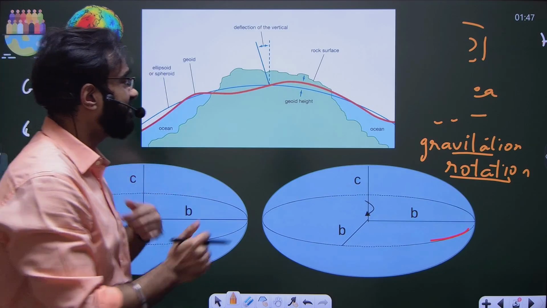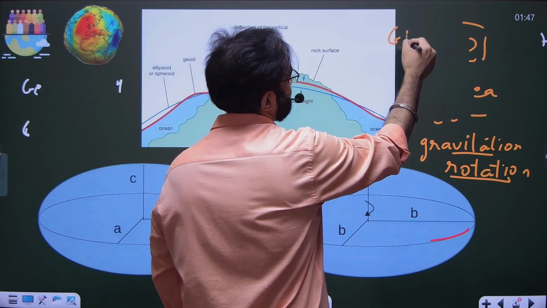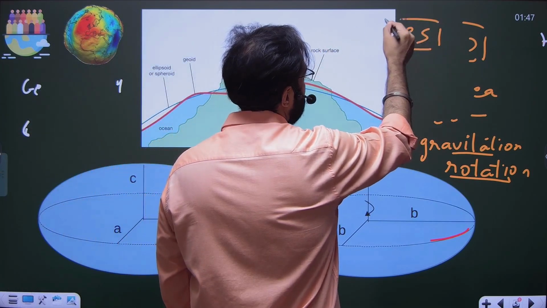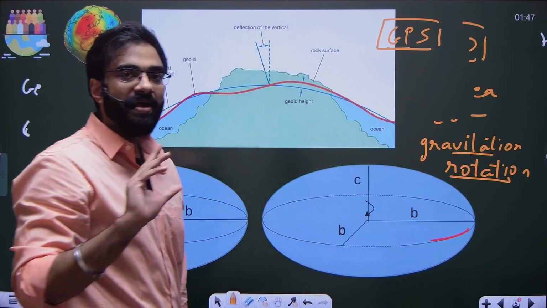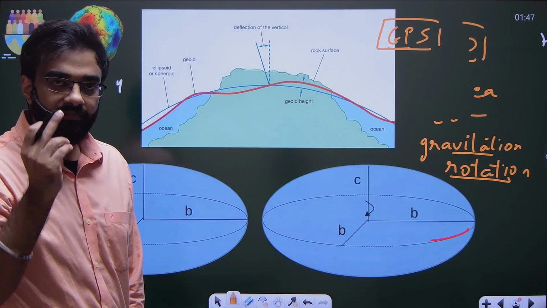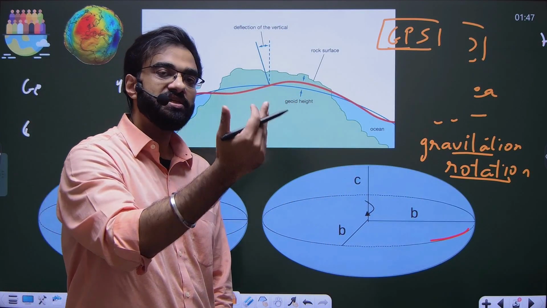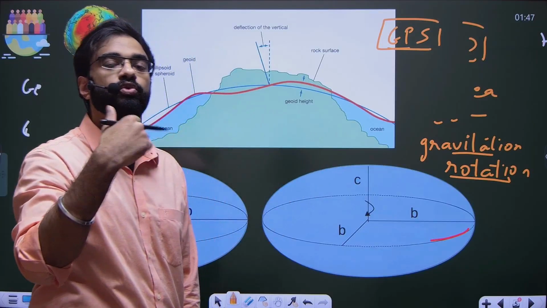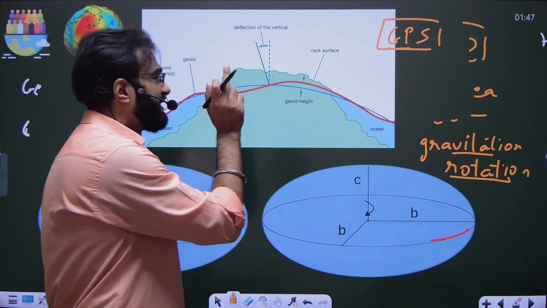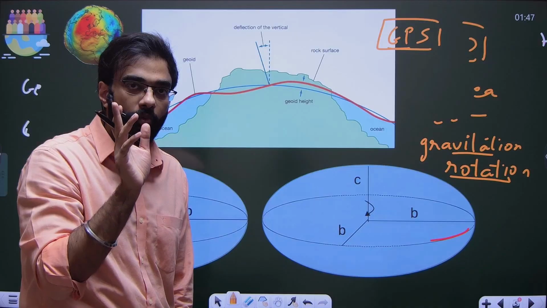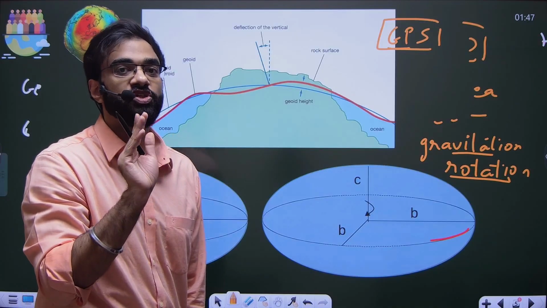Now, when we talk about GPS navigation systems, or any mathematical measurements or the projections of a 3D surface onto a 2D surface, it is done on the ellipsoid or the oblate spheroid, not the geoid.